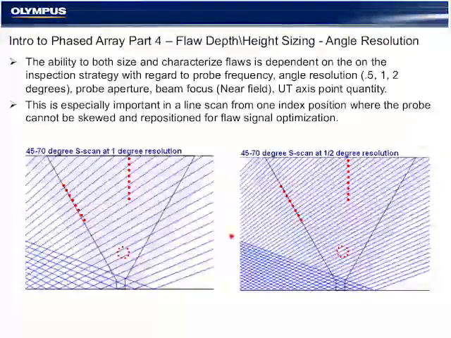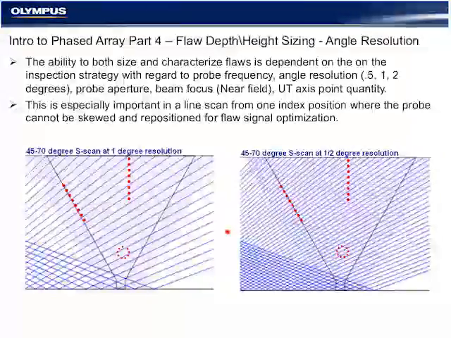In a one-line scan, where the position of the probe is not available to be moved in and out from the weld, we're just seeing the weld from one fixed offset position, the ability to improve length and depth and height sizing is greatly improved by higher resolution.